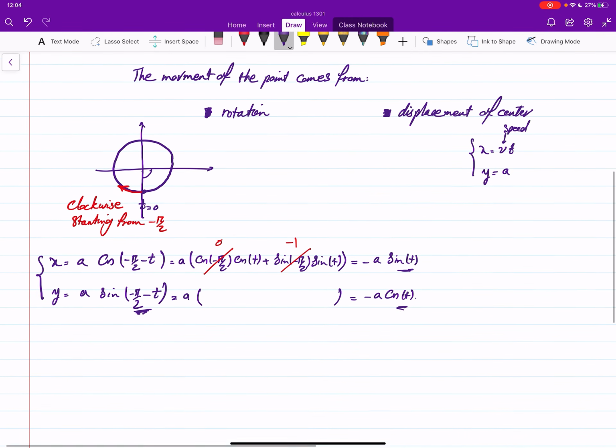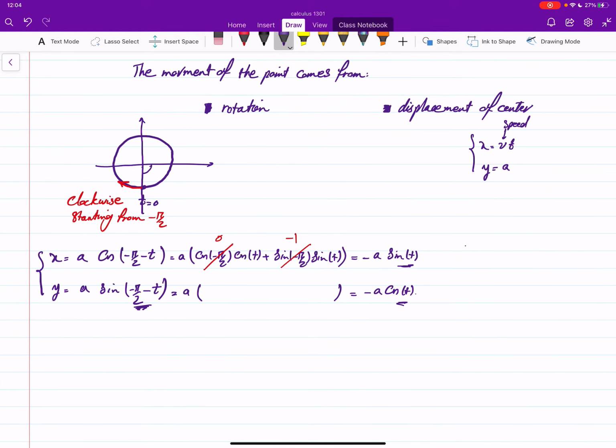Finding that speed is not difficult, because when you roll the circle, at t equal to 0 it was here, and at t equal to 2 pi it was back there again. The distance moved by the circle is the circumference of that circle, which is 2 pi a.